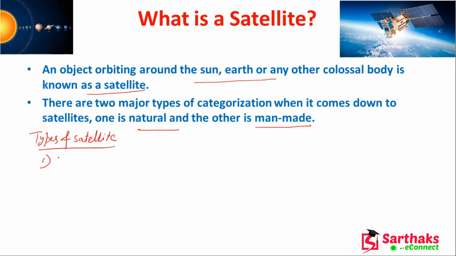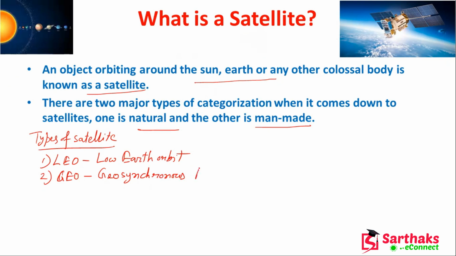First is the LEO, that is the low Earth orbit. Here we have the GEO, that is the geosynchronous Earth orbit.